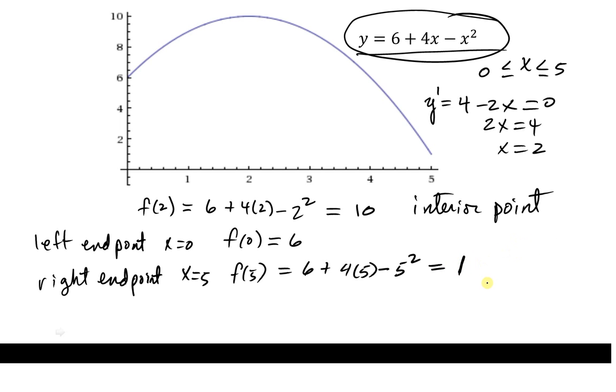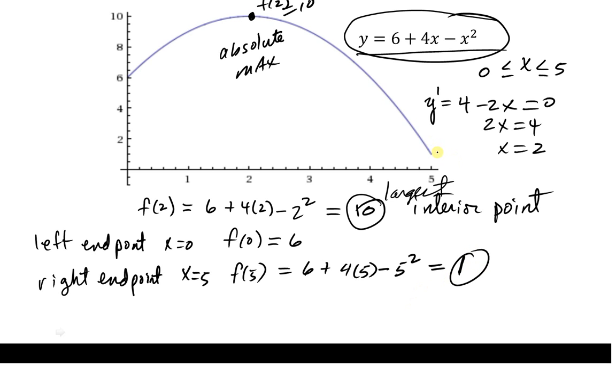So now we look at all of these values, and the largest is f at 2. So we have identified that f of 2 equals 10 is the absolute max of this function, and the absolute min is 1 at the point (5, 1).